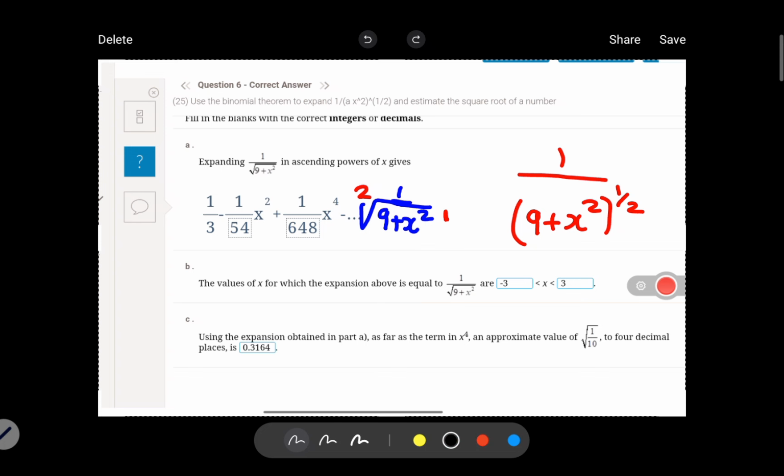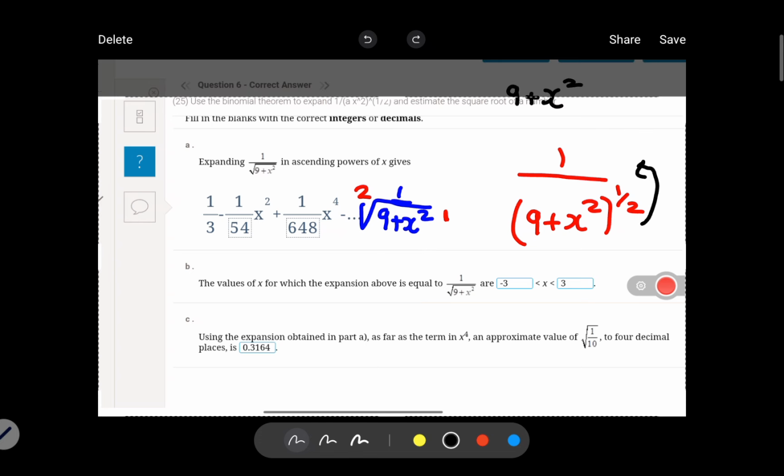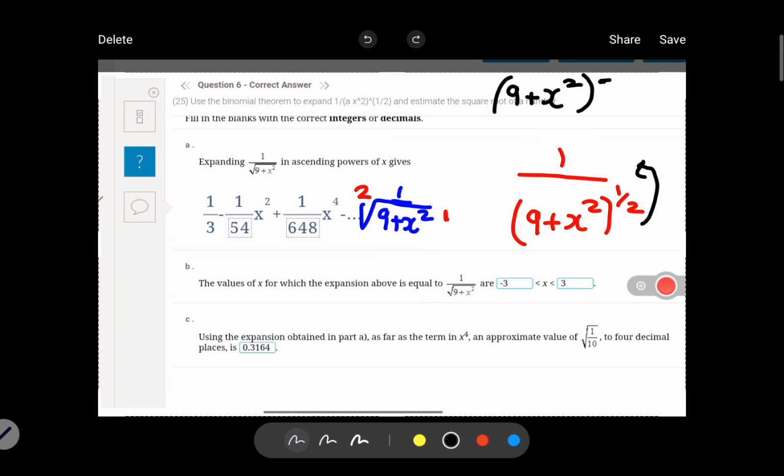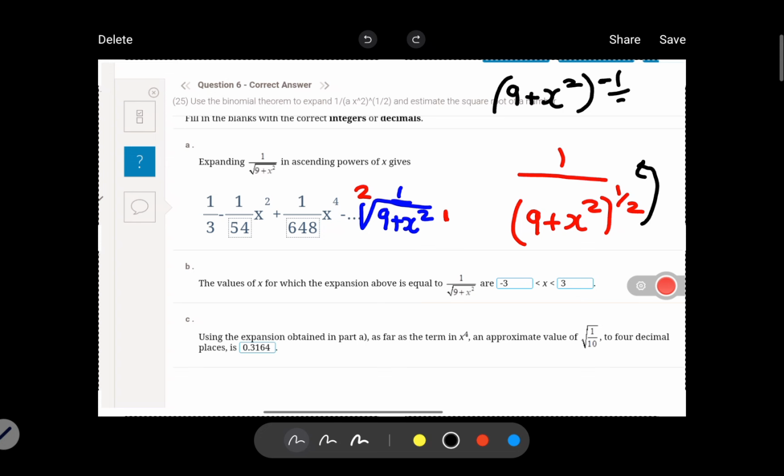What do you have to do? Take it up. So now it will be 9 plus x squared to the power of negative 1 over 2. Okay, now we divide by 9. Divide by 9, divide by 9.